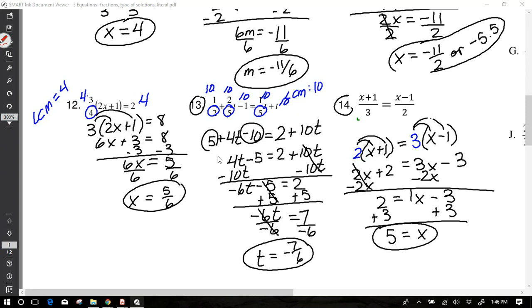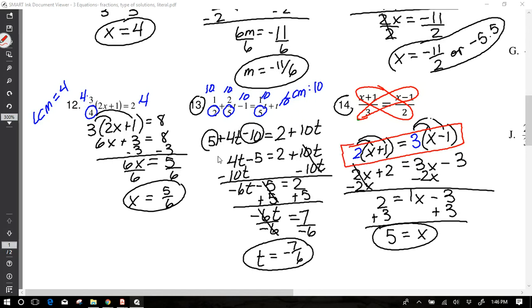Some teachers, when you have 2 fractions set up equal to each other like this, that is the only time where you are allowed to cross multiply. And if I cross multiplied, I would get 2 times x plus 1 and 3 times x minus 1, which is exactly what I wrote in this step here.